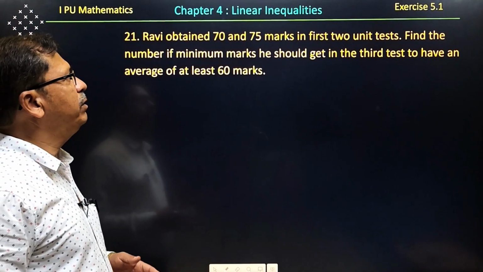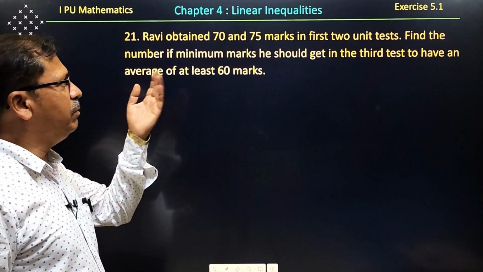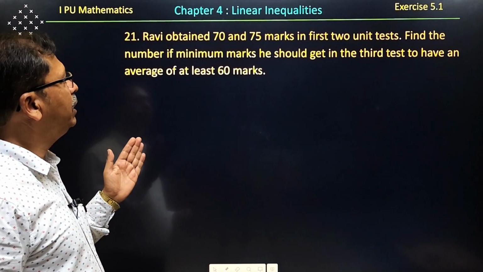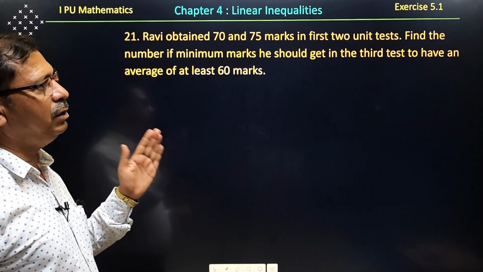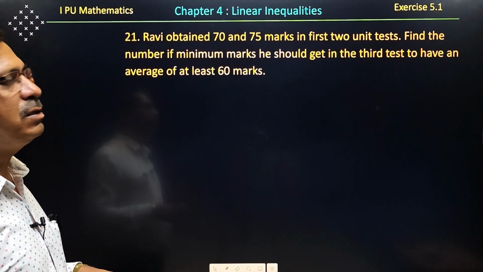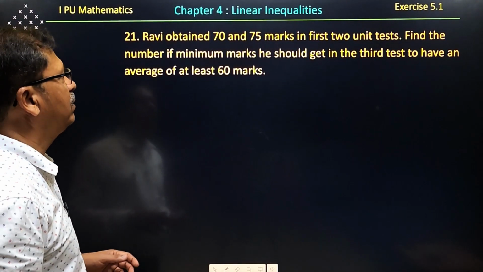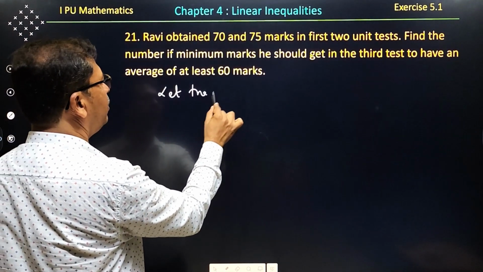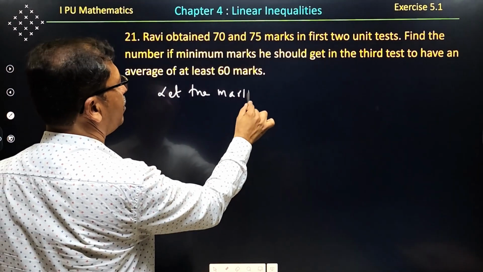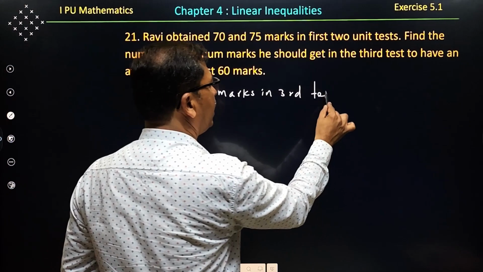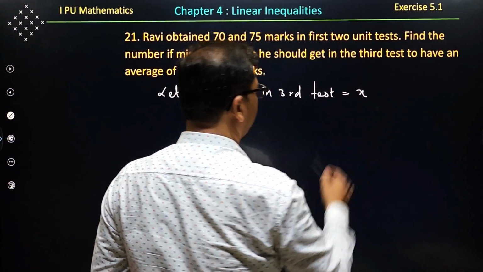Ravi obtained 75 and 70 marks in the first two tests. Find the minimum marks he should get in the third test to have an average of at least 60 marks. Okay. Let the marks in the third test be equal to x.